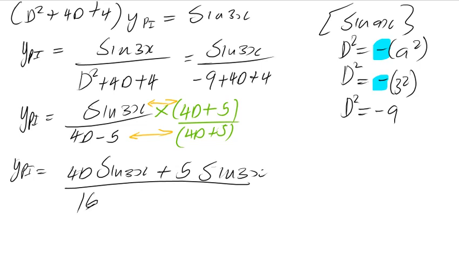You're only going to have the first term and the last term: 16D squared minus 25. You can expand the brackets and you'll see the middle term will always cancel.